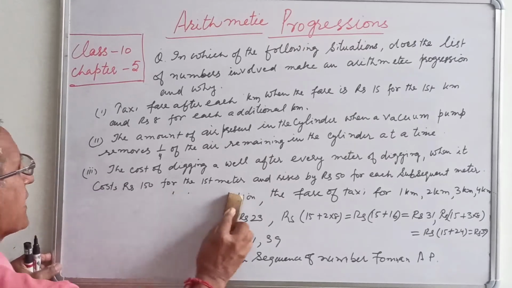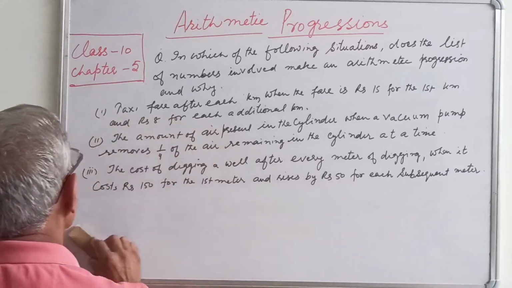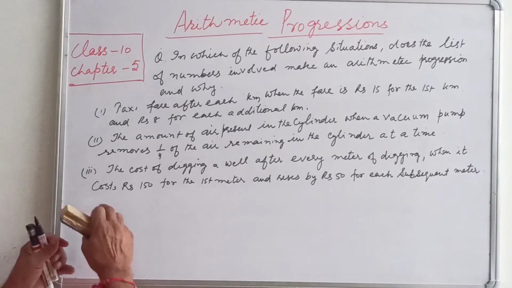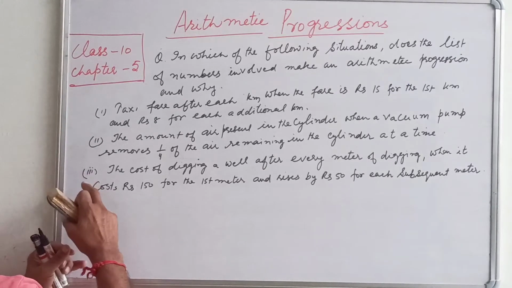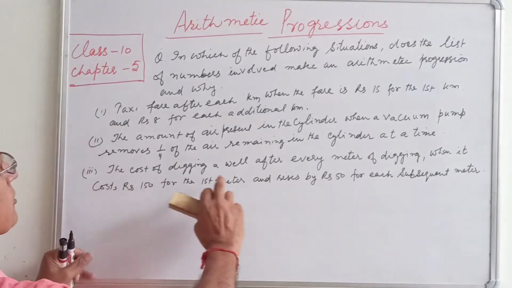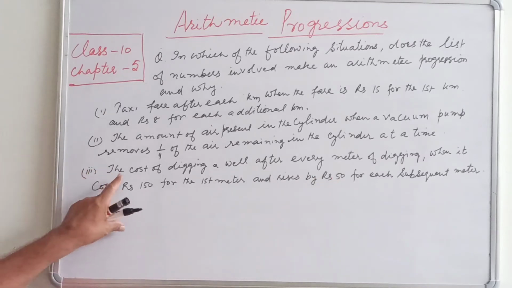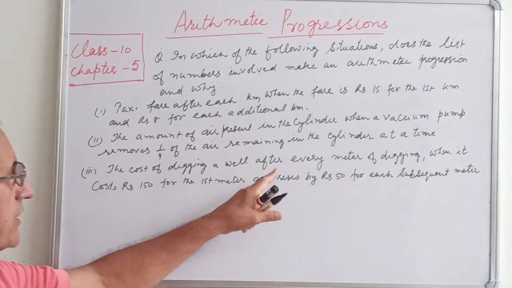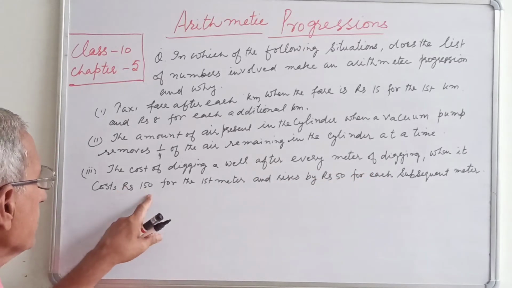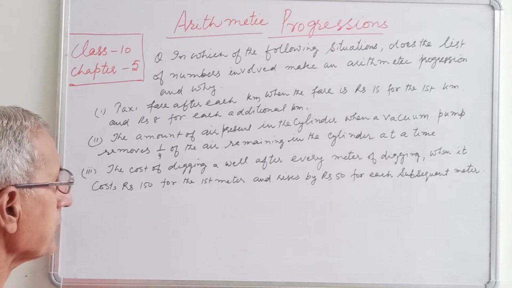Now we take the second part. So let me take the third part first, just to make space for the second part. The cost of digging a well after every meter of digging, when it costs rupees 150 for the first meter and rises by 50 for each subsequent meter.